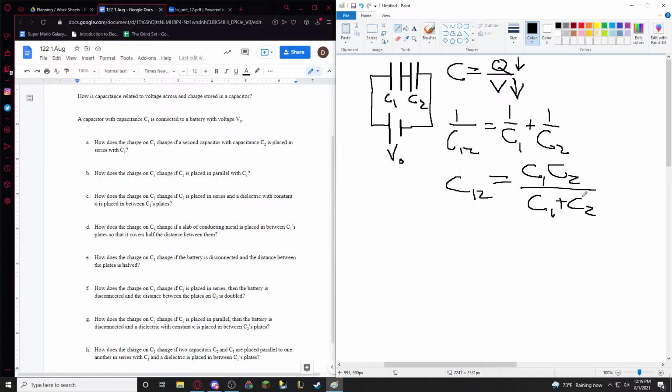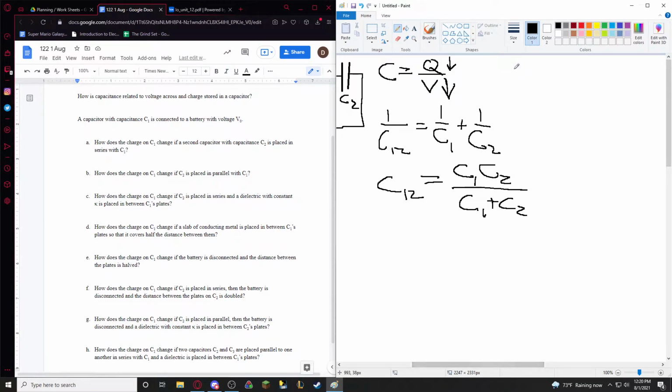Does C1 over V have any use, or would it be C1 times V? Yeah, I think C1 times V, actually. C1 times V is equal to C2 times V. Right? Not quite. It would be, oh, it'd be C1. I mean, here.